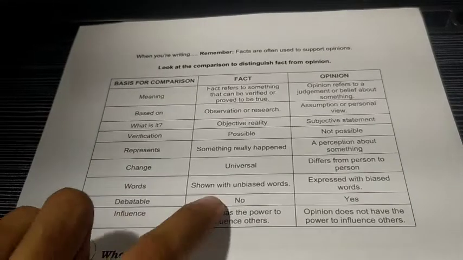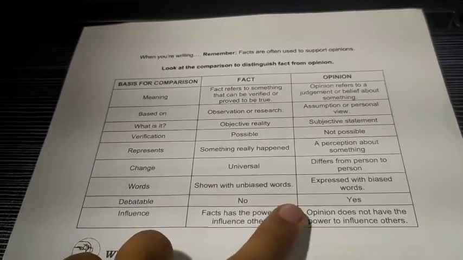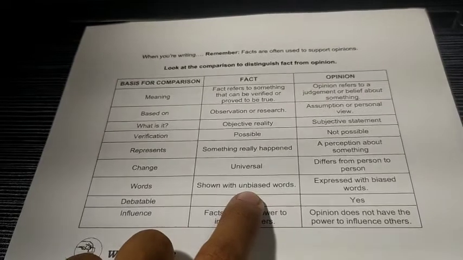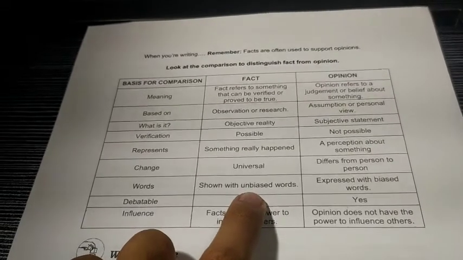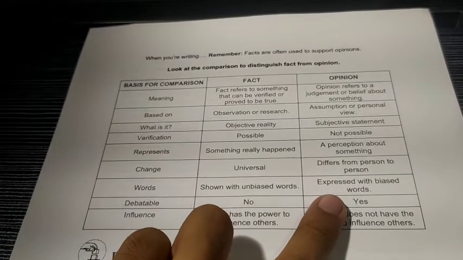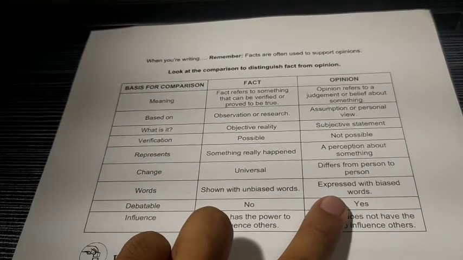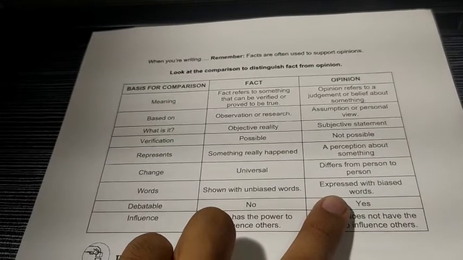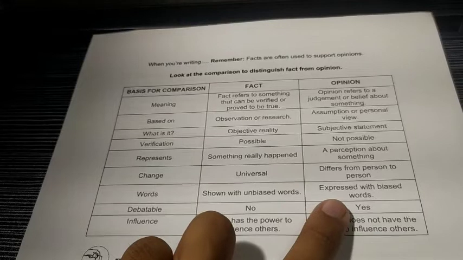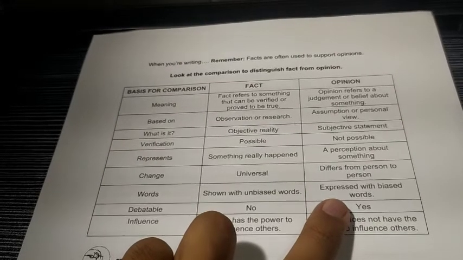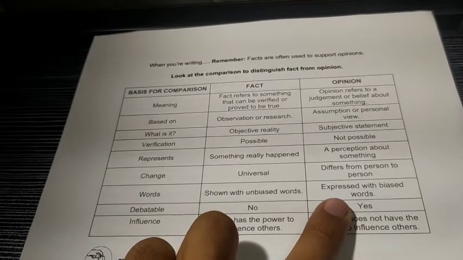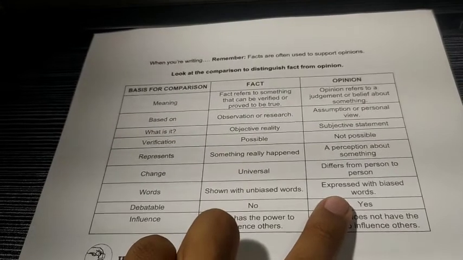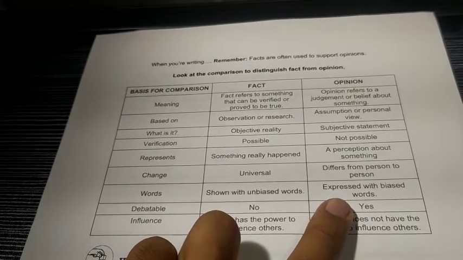Words, shown with unbiased words. So there will be no bias because it's a fact. Then because it is opinionated, you will really have a bias, because you will protect your own personal view.